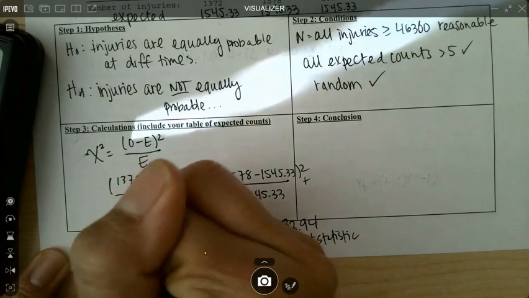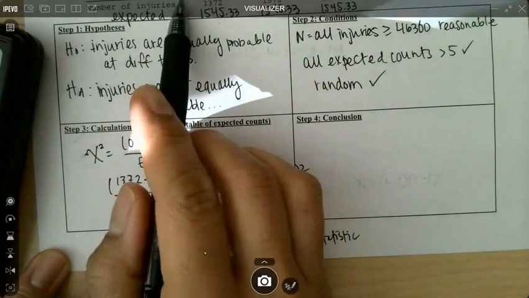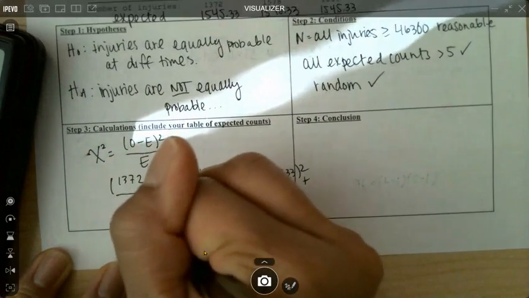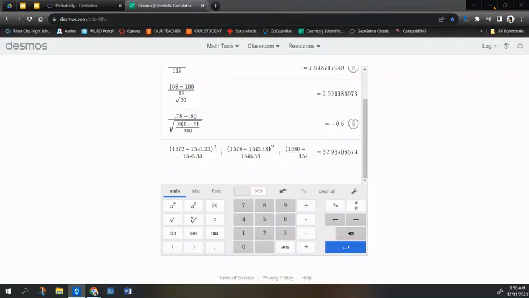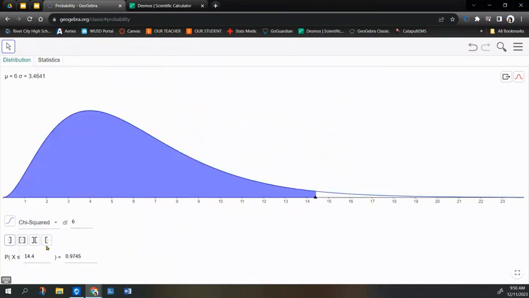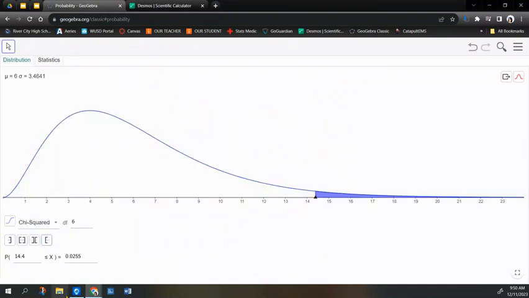For degrees of freedom, it's number of categories minus 1. So there's 3 categories, and 3 minus 1 is going to be 2. Now let's get our p-value. We're going to use the chi-square calculator. Remember, we always choose greater than for the chi-square calculator.